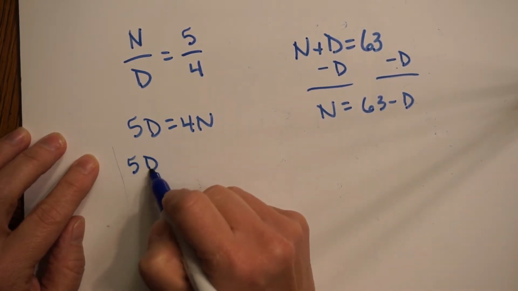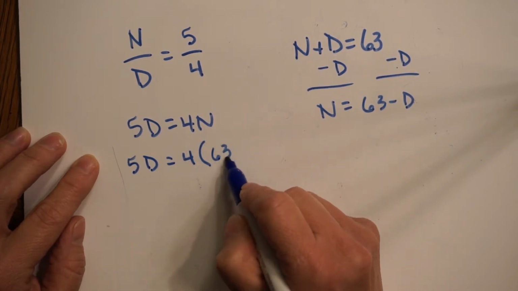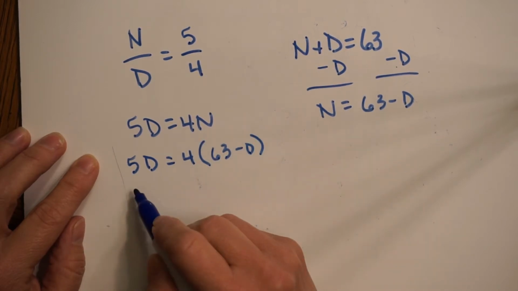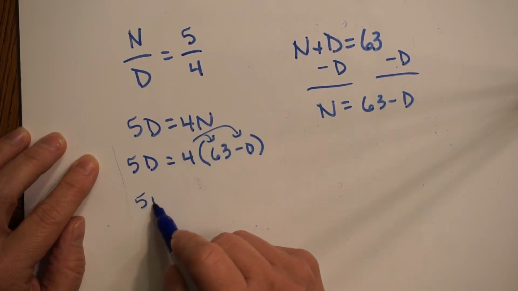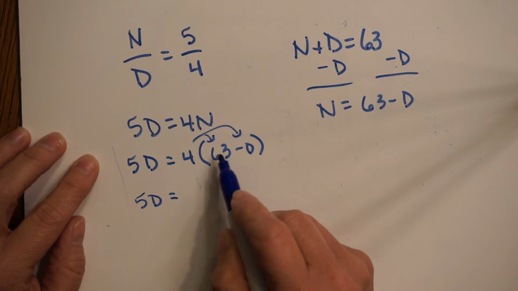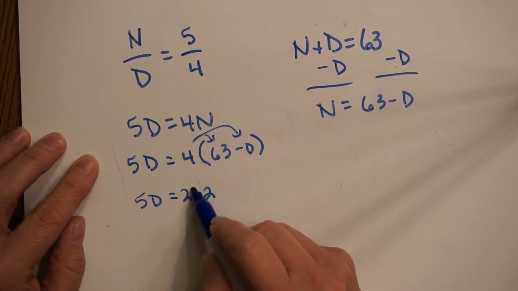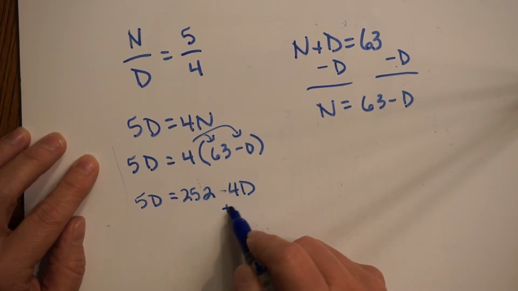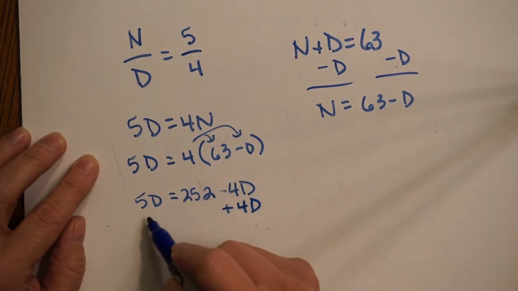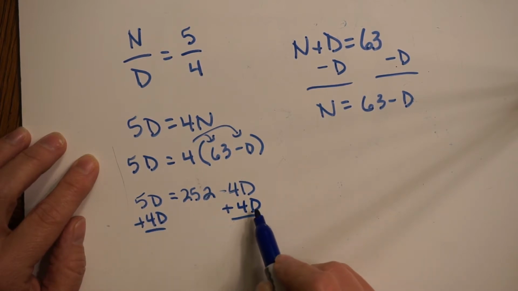So I have 5d is equal to 4 times n. Well, n is 63 minus d. We'll distribute here. So we get 5d is equal to, what is this? 12, carry 1, 24, 25 minus 4d. Then we solve, get the variables on one side and the constants on the other.